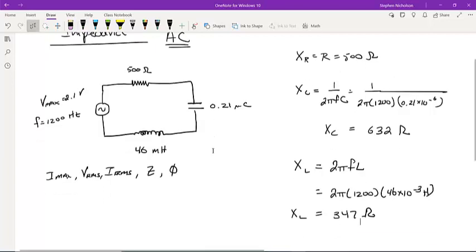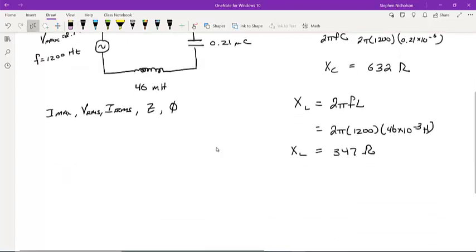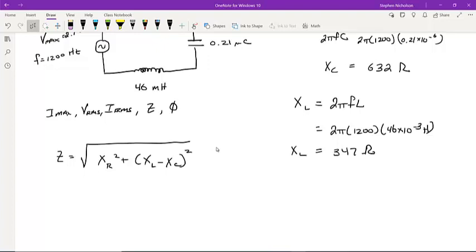Now you don't just add them all together. You've got this geometric relationship. The impedance, the total resistance to flow for this AC circuit, is the square root of X sub R squared plus X sub L minus X sub C, quantity squared.